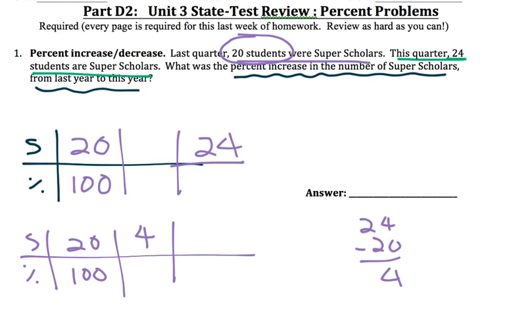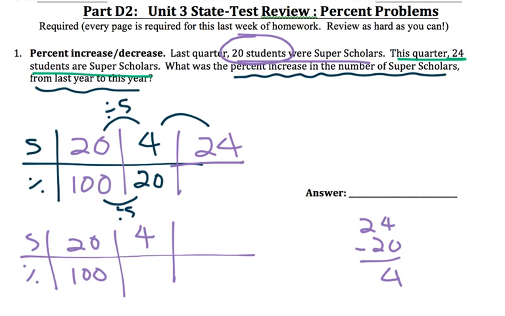I can't go straight from 20 to 24, so I'm going to break this down. If I divide it by 5, that would give me 4. And I'm doing that because I know that 4 will then go into 24. So let's do 100% divided by 5 as well, which would give 20%.